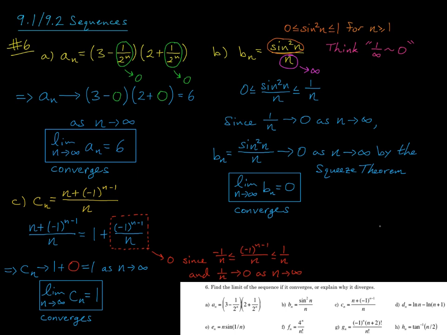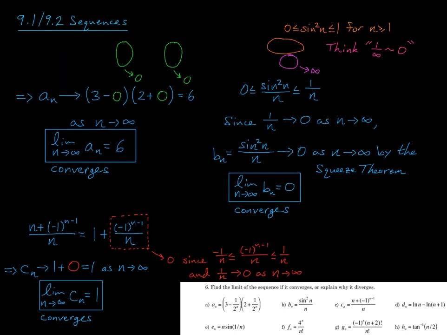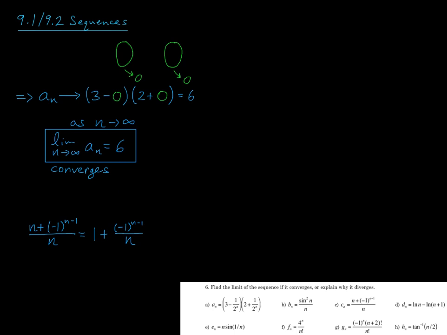All right, very good. Let's next turn to parts D and E here. We got for D, the sequence d sub n, which is natural log of n minus the natural log of n plus 1.